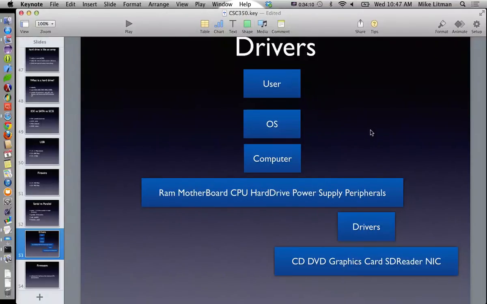Okay, so how do you think that works? Taking this exact same pattern of going from lowest common denominator, because before we basically had to design everything for that lowest common denominator. How do you think the drivers work?